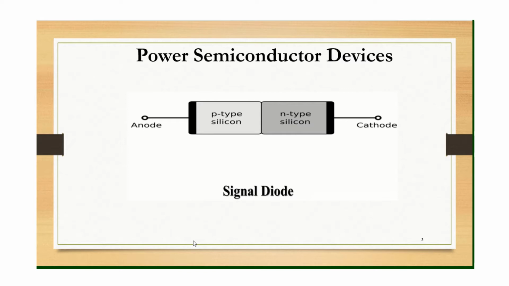In general the symbols are the same for both of them, but their construction differs entirely. The construction of the normal diode is very simple, which you are already familiar with. You have two materials, P and N type materials, right?